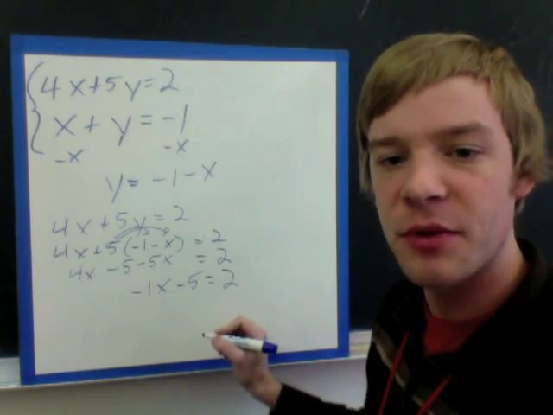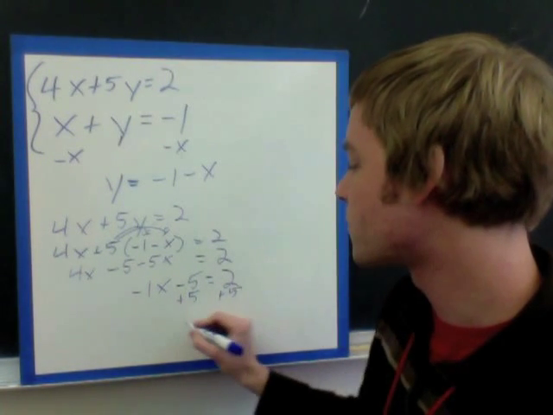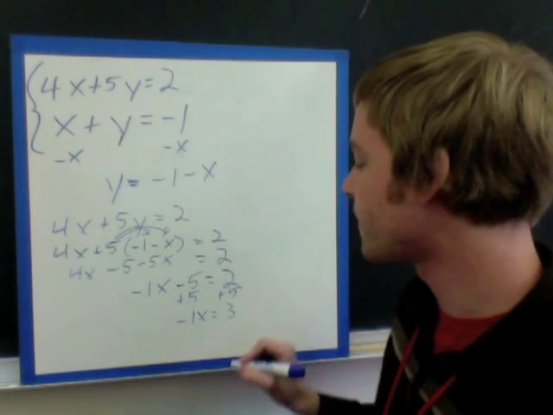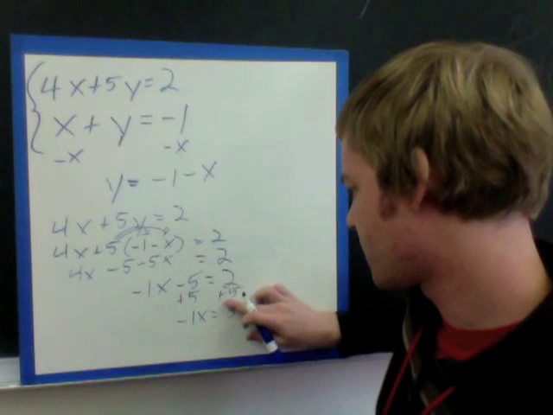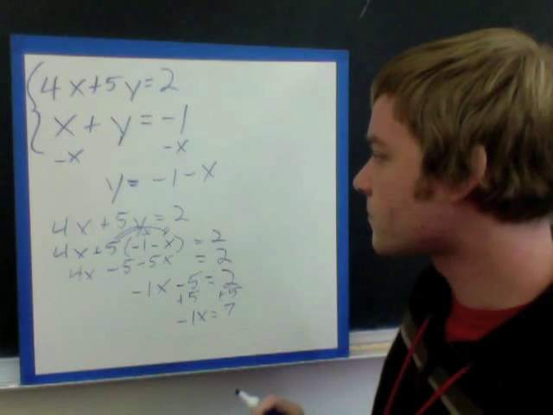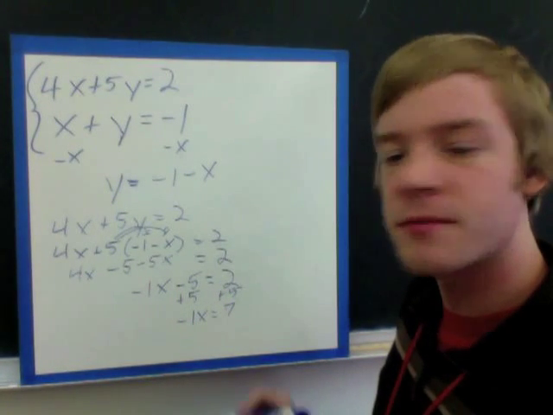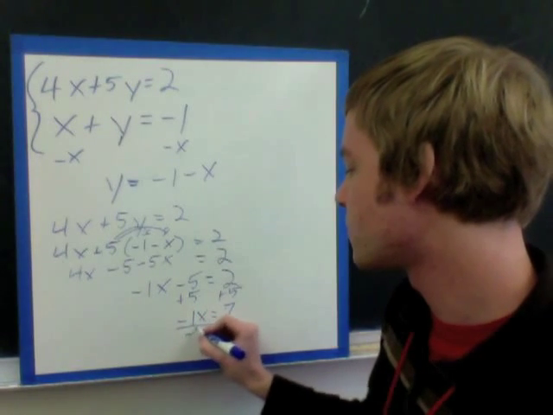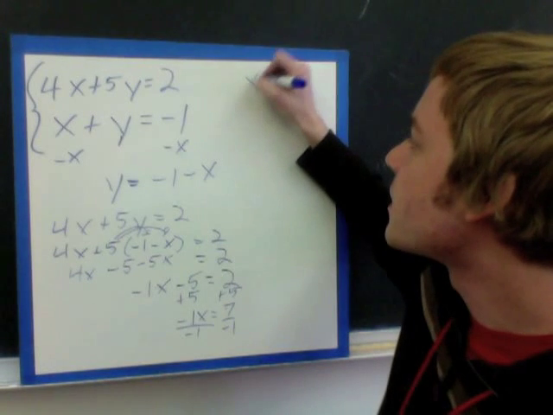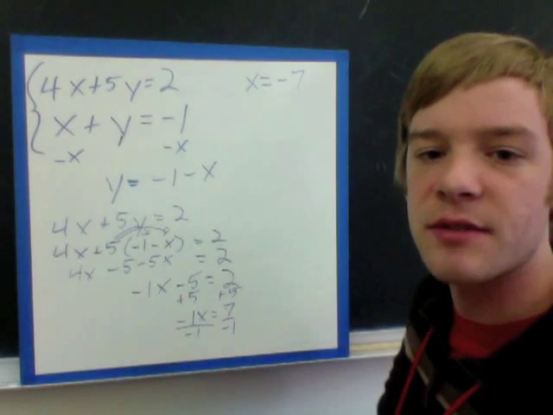We're going to add 5 to both sides. And then we're going to divide by negative 1. And so what we get is x equals negative 7.